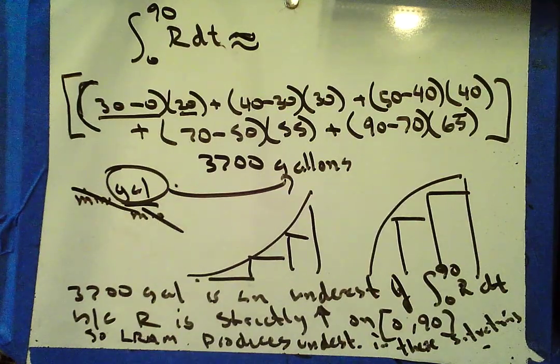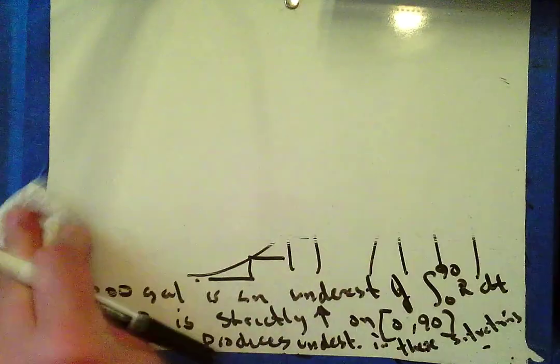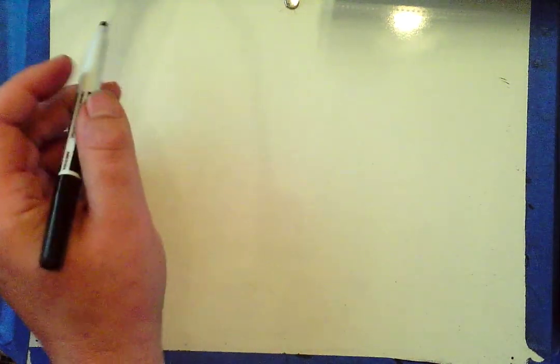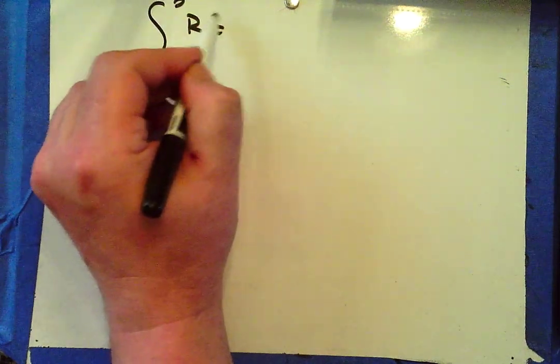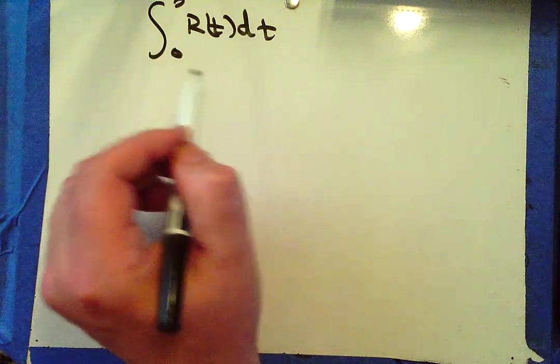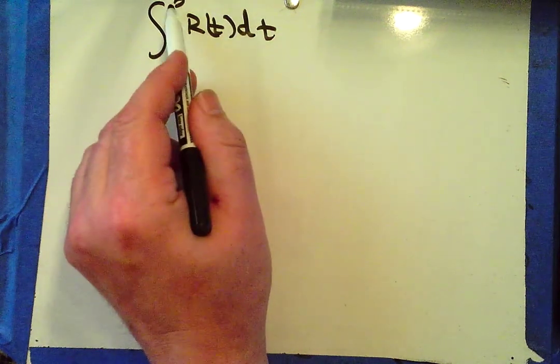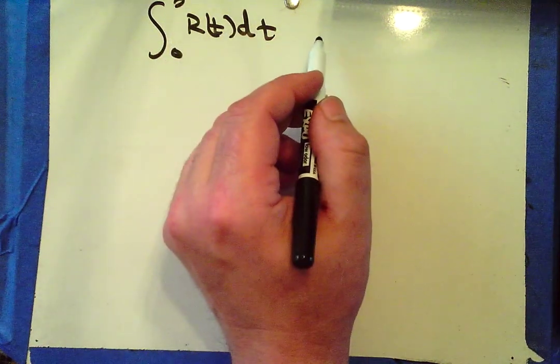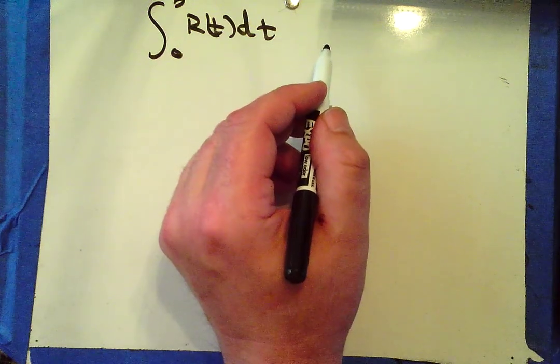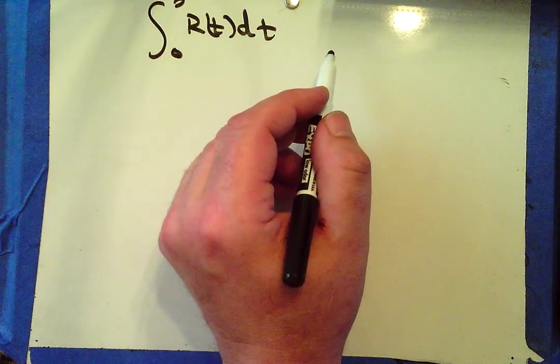Okay, that was part C. Let's take a look at part D. On 0 to 90, explain the meaning of the integral from 0 to b of R of t dt. Well, isn't that the number of gallons consumed up to the b-th minute of the trip in terms of fuel consumption?